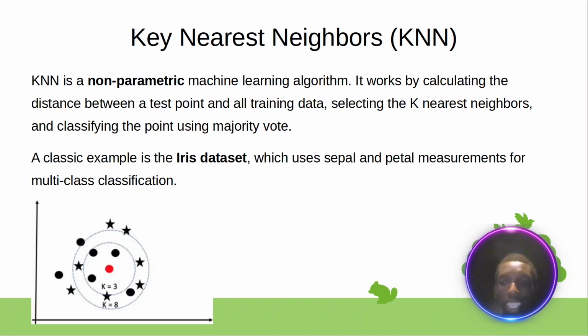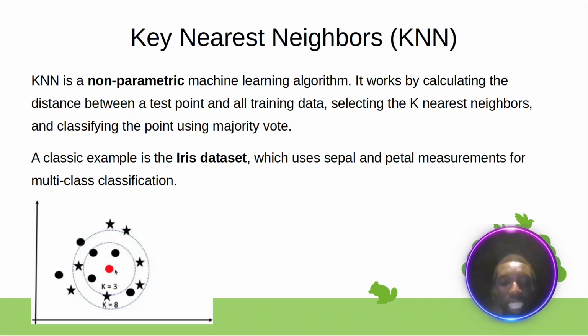I added a small illustration down here where I go through K nearest neighbors and how it would work. For example, we get a particular data point, the data point we want to predict, and we plot it on a graph.